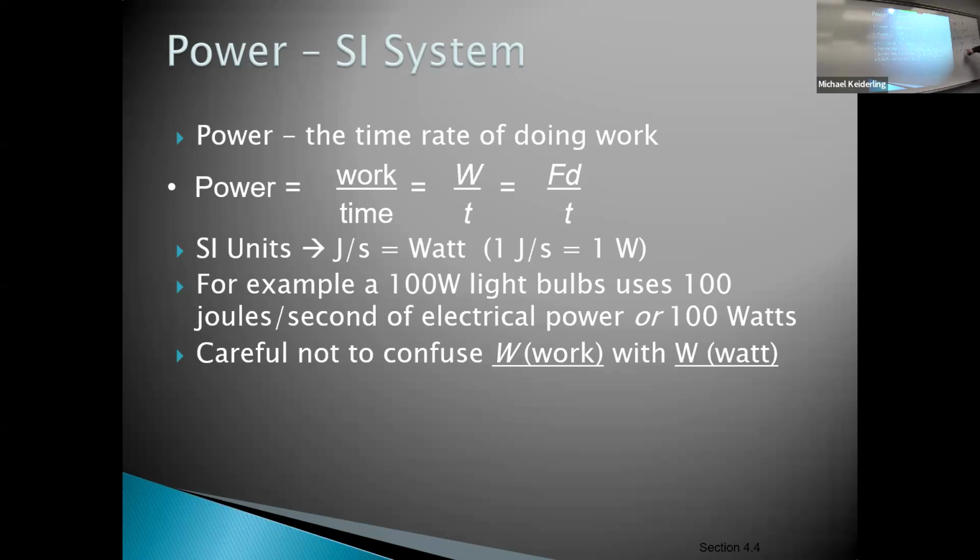And be careful not to confuse work with watts. One is a unit, one is a variable. In power, the unit is watts. You've probably seen this all over on electrical devices. They're labeled in watts.